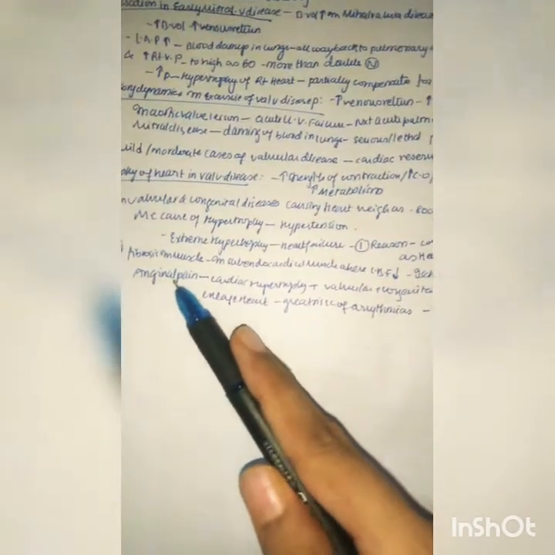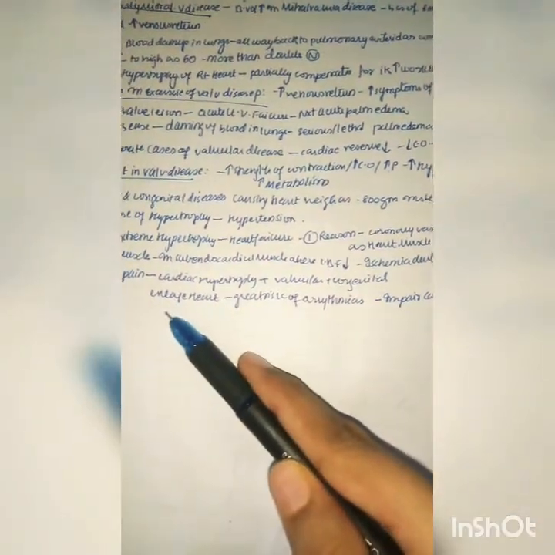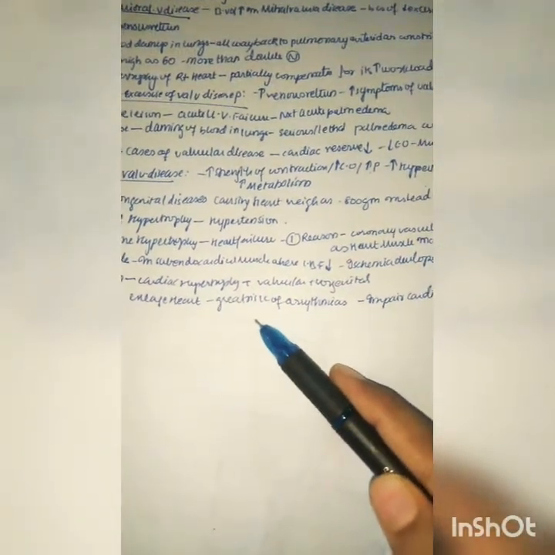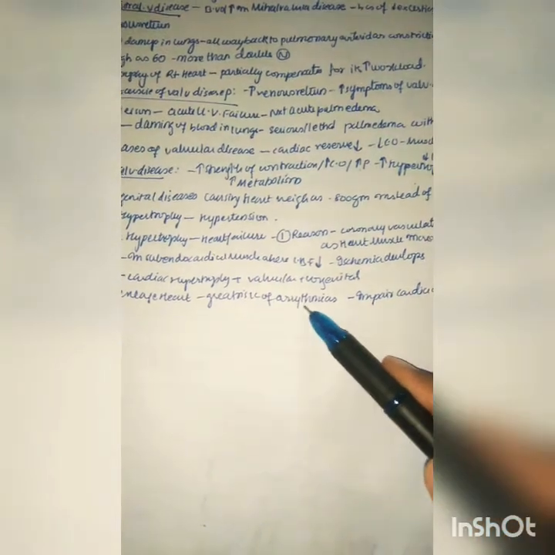And also there is referred anginal pain. Cardiac hypertrophy is associated with valvular disease, less so with congenital disease, and it enlarges the heart, and also there is a great risk of arrhythmias.